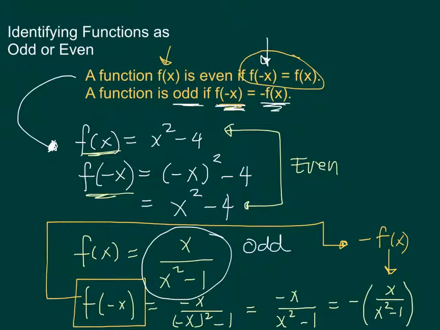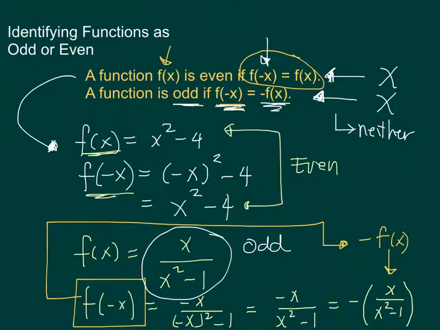If you will not be getting the original function or the negative of the original function, so this is a no and this is a no, then your answer would be neither. Of course, it's neither an even function nor an odd function. Okay, so not even and not odd function.